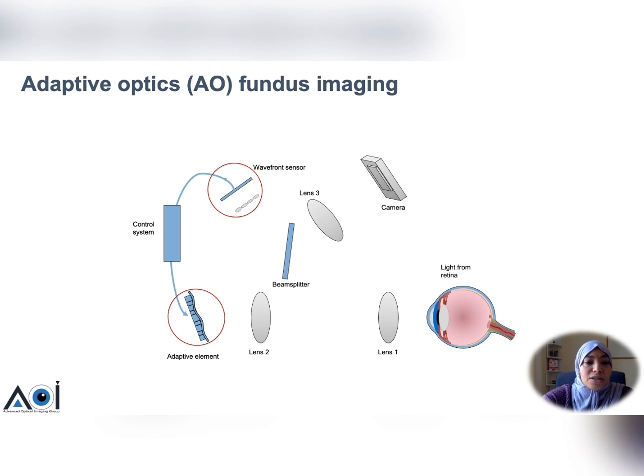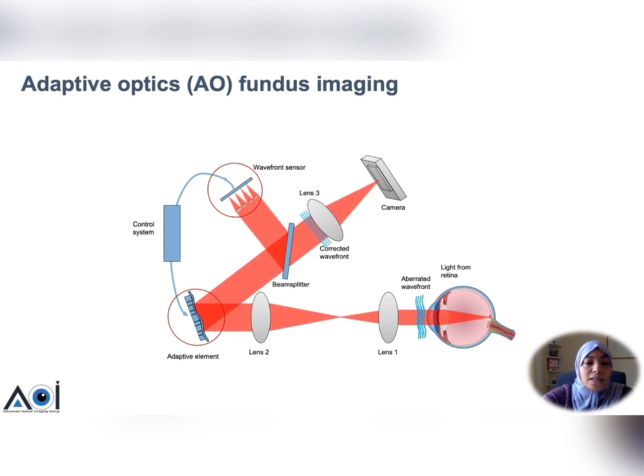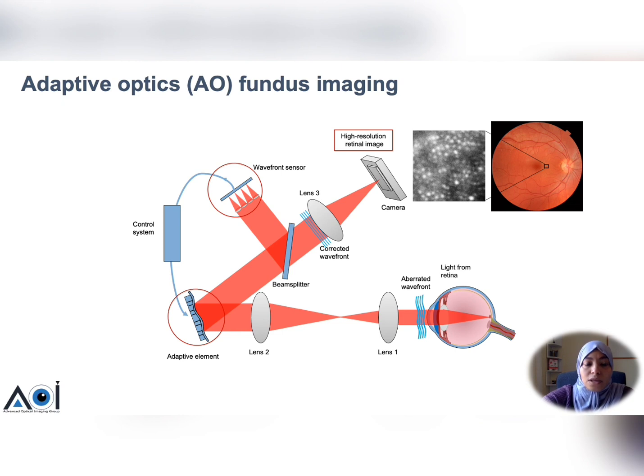The wavefront sensor measures the aberrations of our eye and sends the signal to the adaptive elements, which are capable of deforming their shape to correct for the aberrations. When we correct the aberrations, we capture higher resolution images that enable us to resolve the cellular structure of the retina, such as the cone photoreceptors in this picture.